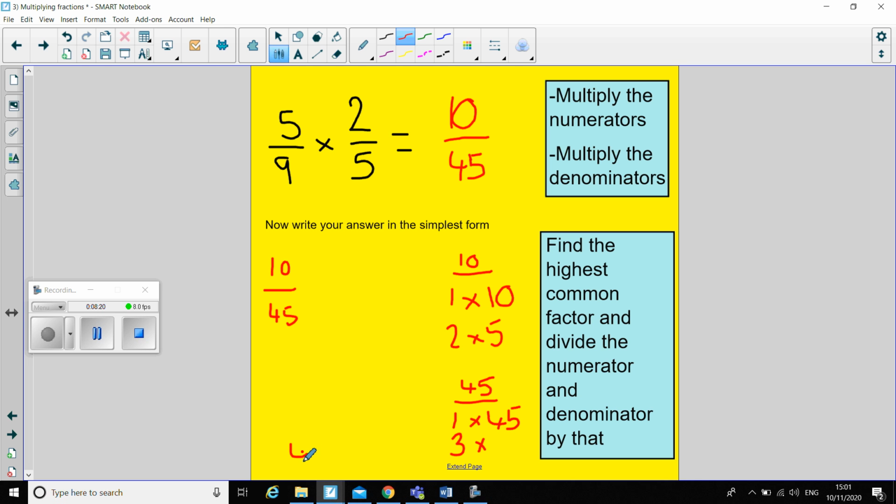And if I'm not sure what 45 divided by 3 is, I could do a little bus stop just to find out. 3's go into 4 1 time, 3's into 15 5 times. So 3 and 15.